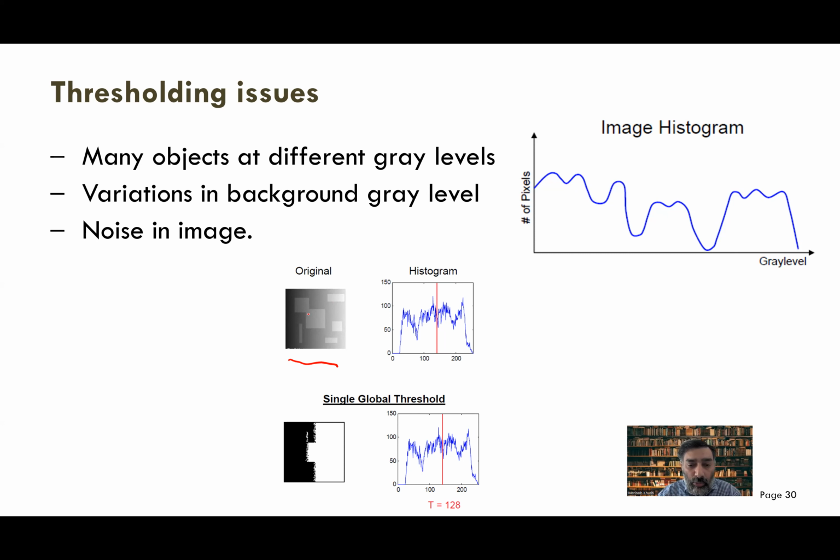If you apply a global threshold anywhere, either here or in the middle, and you extract, you're going to miss out some of the rectangles, because of the background. It doesn't matter where you apply that threshold, you will miss out some. So in this type of situation, we might need to have many thresholds depending on the area.